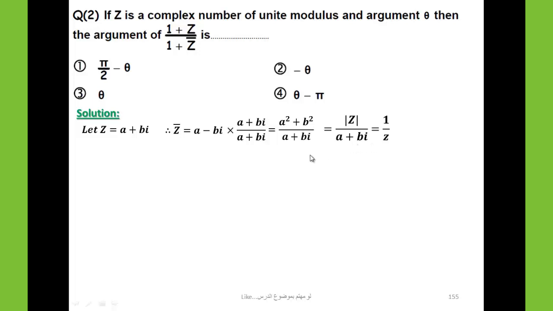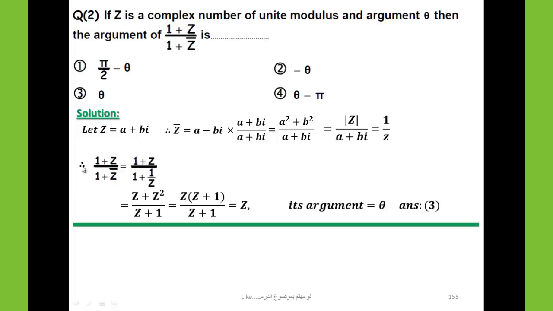So we proved that z bar equals 1 over z, so I can substitute in the denominator. Instead of z bar, we can write 1 over z. 1 plus z over 1 plus z bar equals 1 plus z over 1 plus 1 over z.